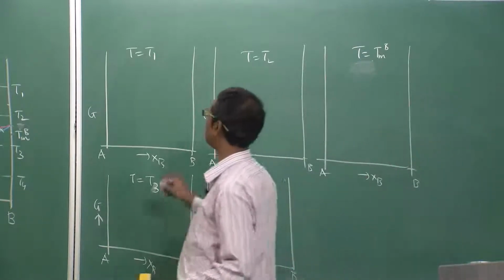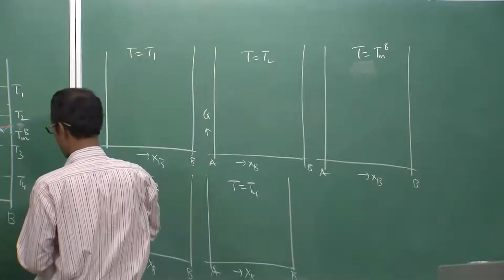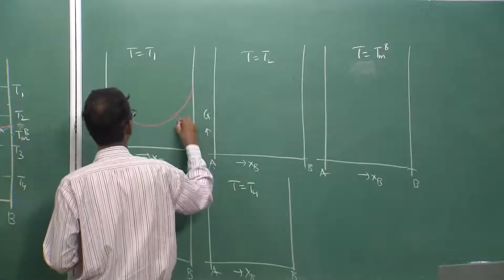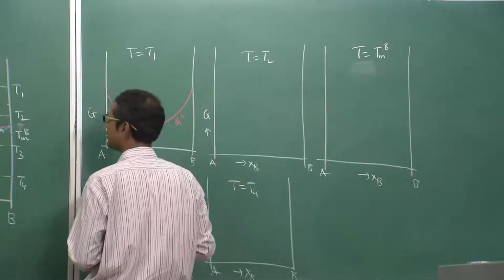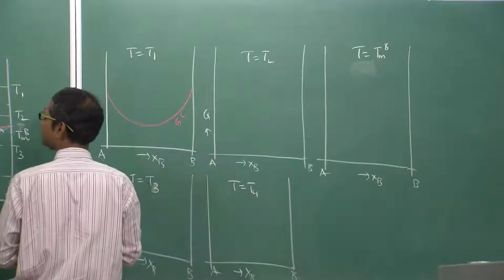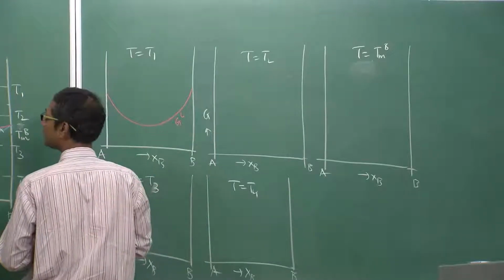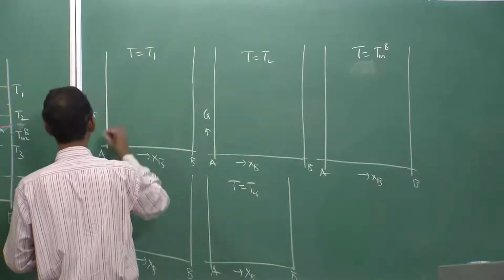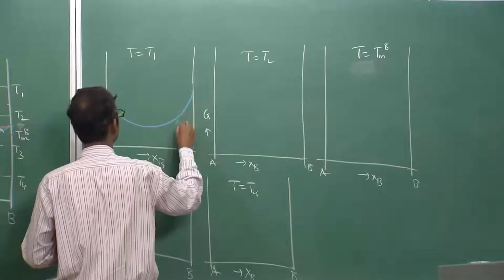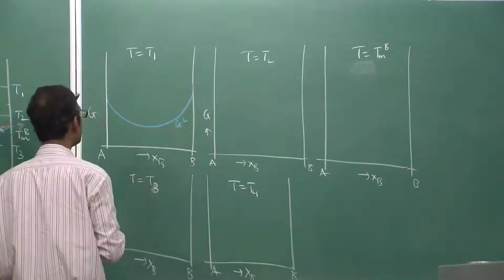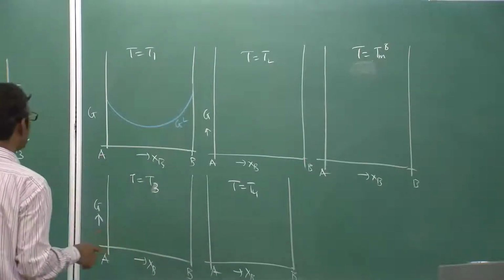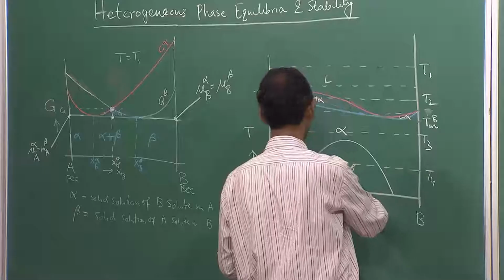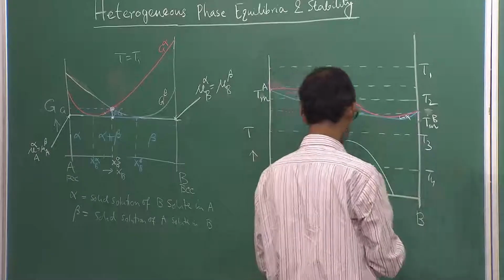As you see here, liquid has a lower free energy, so it will be at the lowest position all through, because this is liquid. I am drawing it in a different color. Then what about alpha, alpha prime and beta? This is alpha prime. These are solid phases, so they will all be higher.